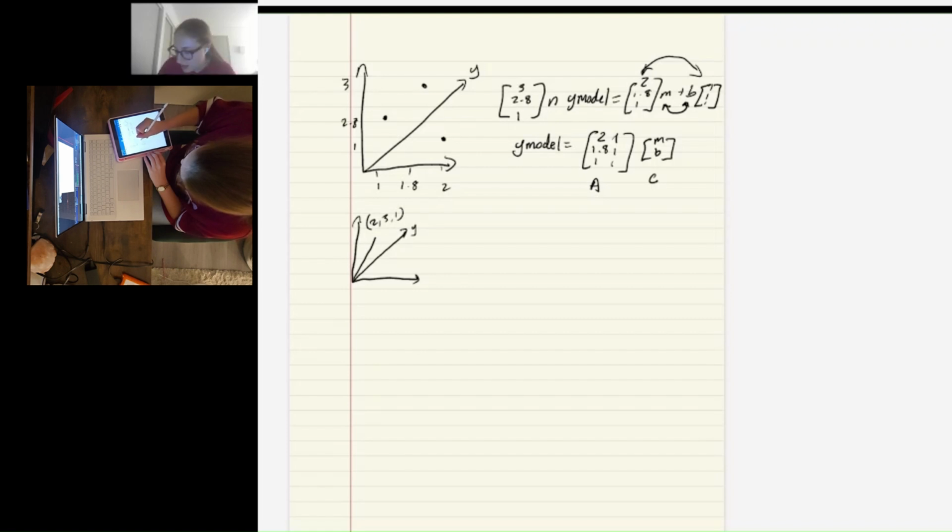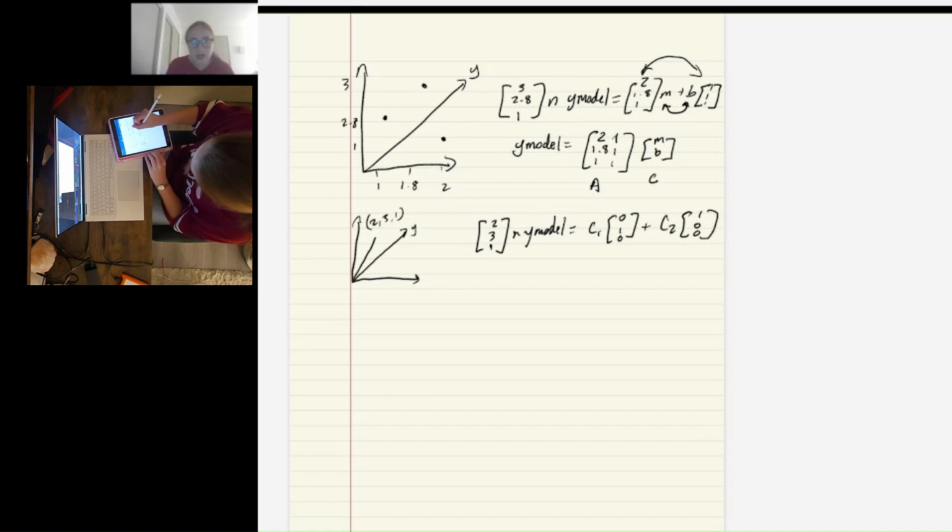So let's say we have another y model, so we have 2, 3, 1, which is our y model. And then from that we have C1, which is 0, 1, 0, and then we have C2, which is 1, 0, 0, 1. And so this is our data, and then from that data we're going to get our model.